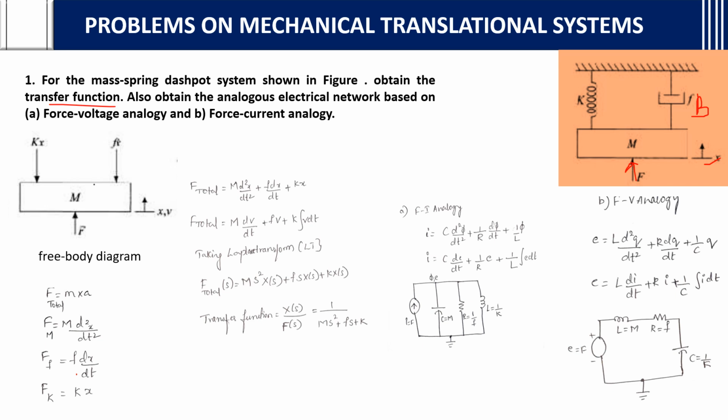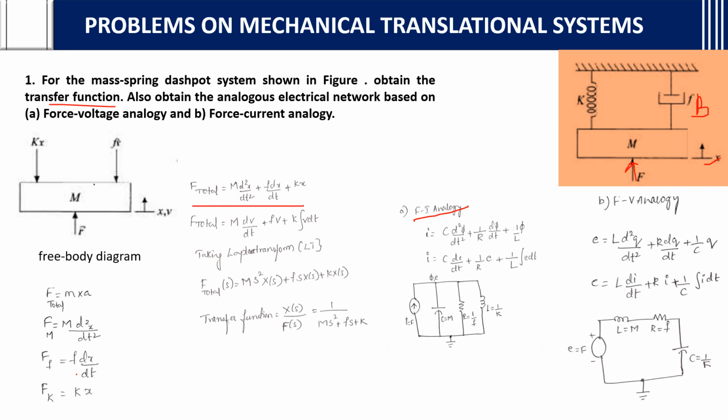Now we need to obtain the analogous electrical network based on force voltage and force current analogy. You know the force current analogy; in the previous video there is a table showing how to compare translational systems with electrical systems. They are analogous systems, the equations are similar, just the notation differs. In force current analogy, you consider the main equation you got.